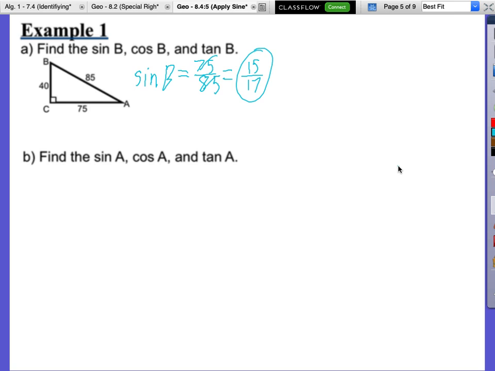That's A to what? Oh, tangent? Yeah, that's A.